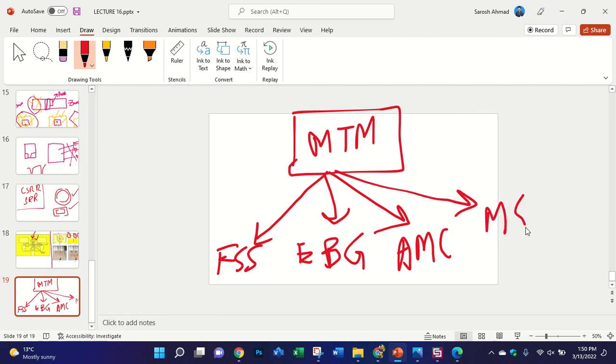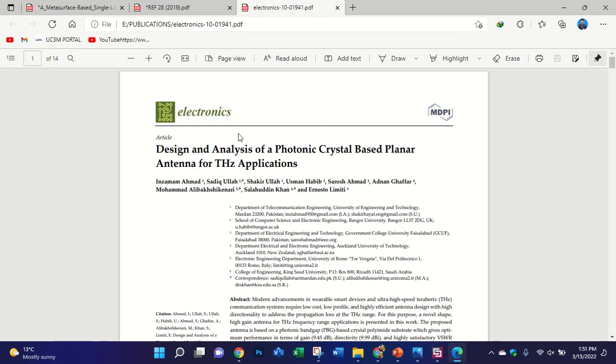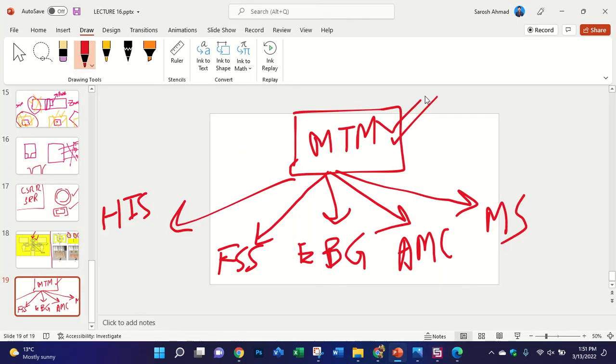We can also say HIS. There are many names, so combined the single name is MTM, metamaterial. That's why in some papers you see them asking why this metamaterial is different from the other one. In that case, you can say they just use the general name.